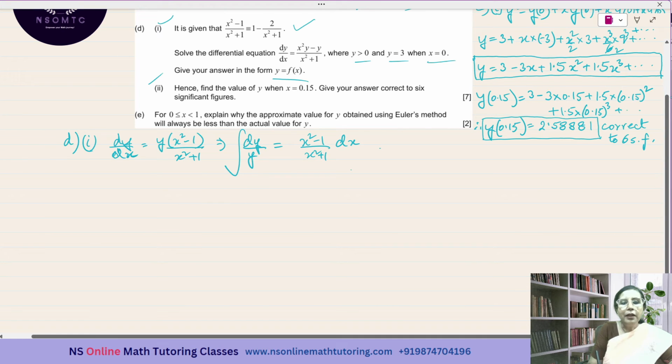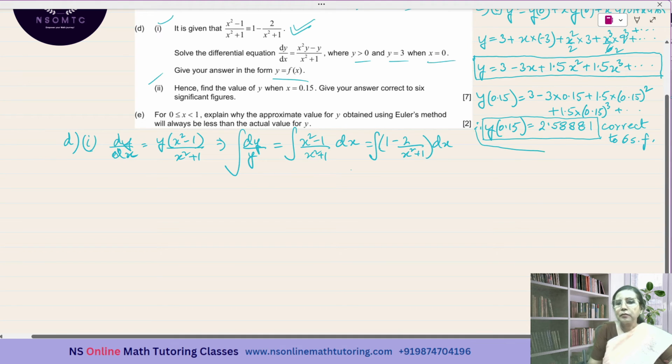And now we will be integrating both sides. And this can be written as (x squared minus 1) over (x squared plus 1) is equal to 1 minus 2 over (x squared plus 1). So this can be written as 1 minus 2 over (x squared plus 1) dx.